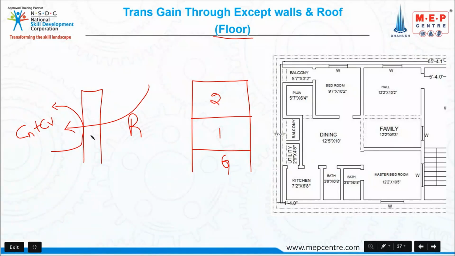Resistance. How much radiation can it allow? That is the U factor. The heat transfer coefficient is the U factor. The heat transfer is solar heat gain or transmission heat gain.